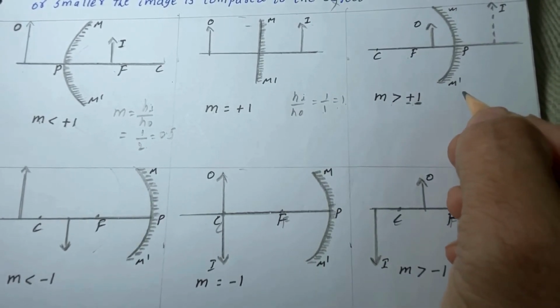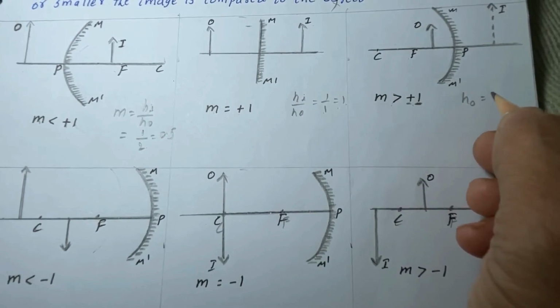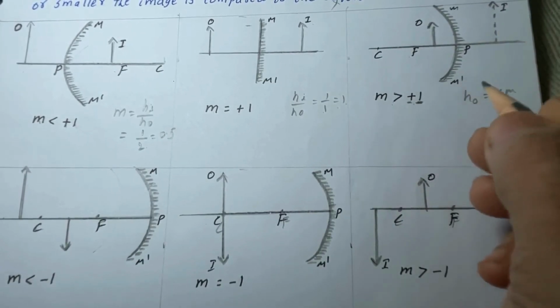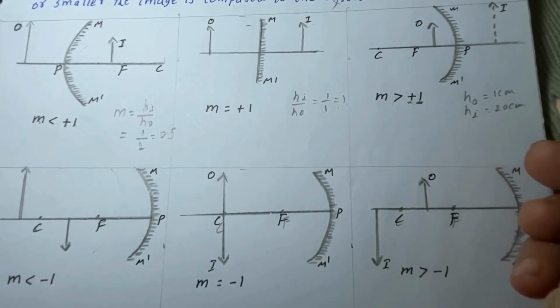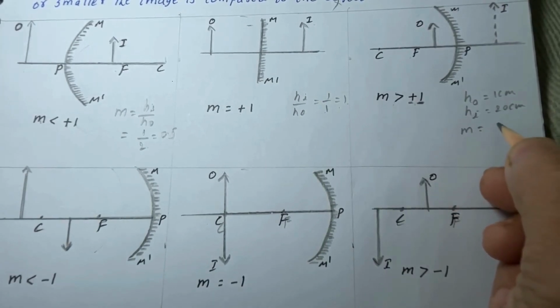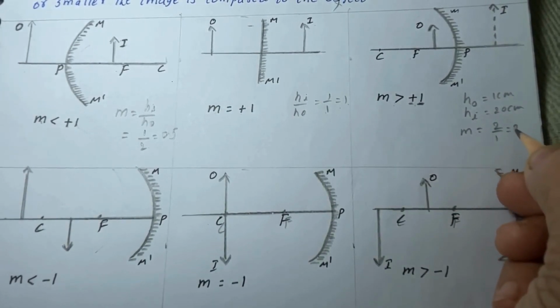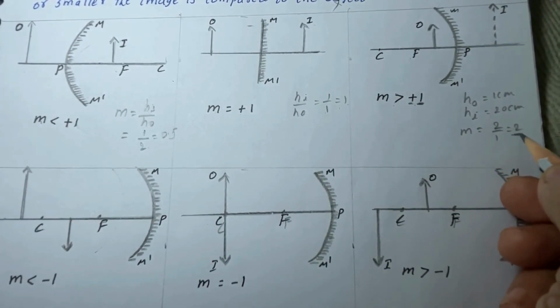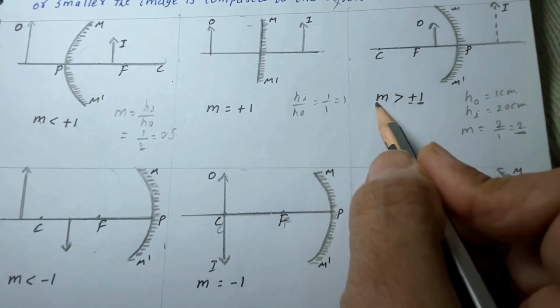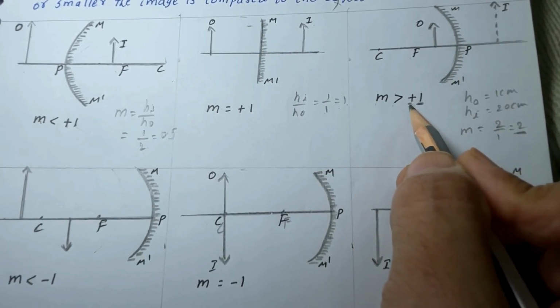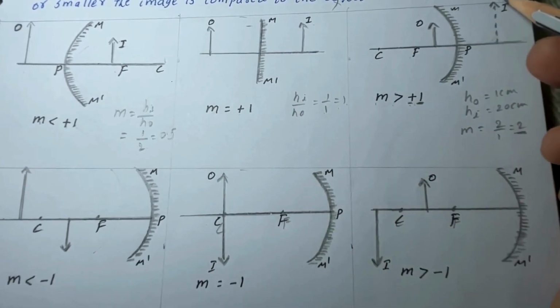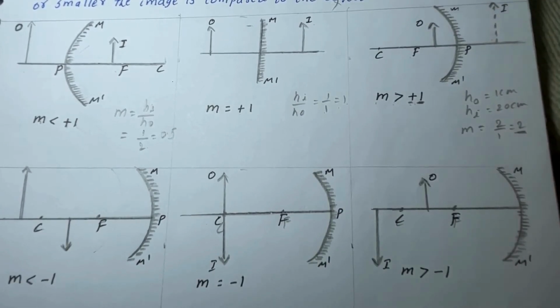Here suppose the height of the object is 1 centimeter and it forms an image of 2 centimeters. Then magnification M is equal to 2 by 1, which is 2. The number is greater than 1, so magnification is greater than 1, and this plus sign shows that this is an erect image.